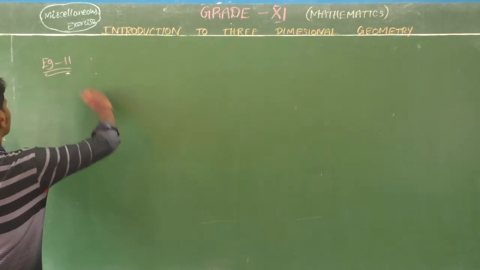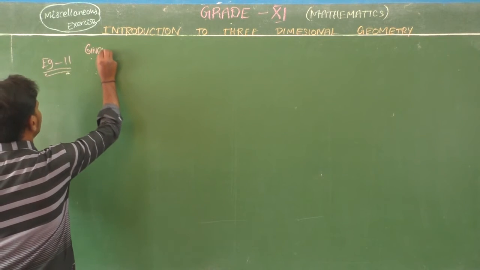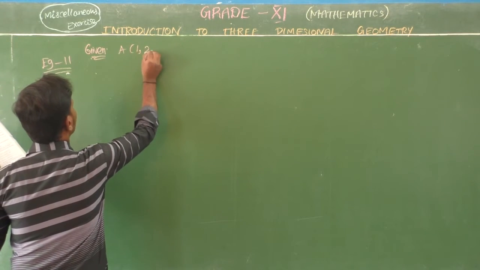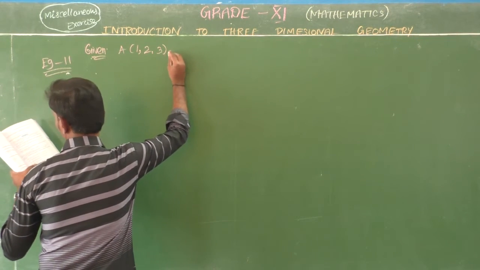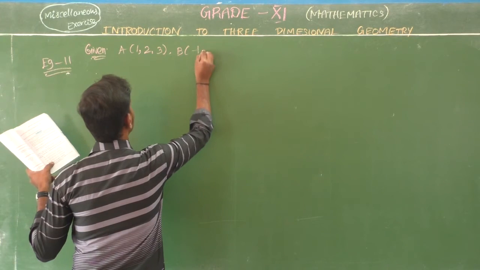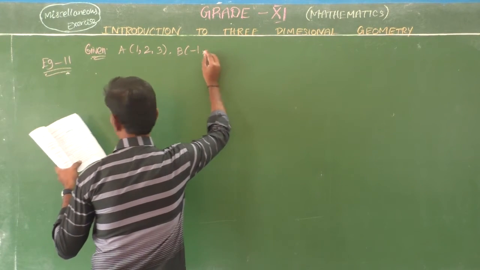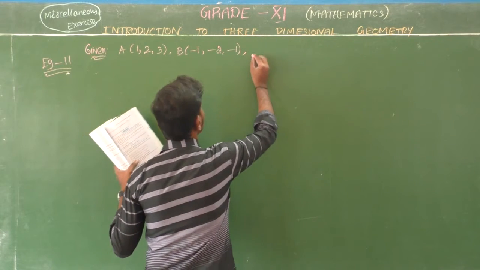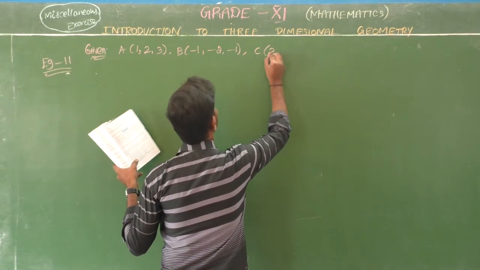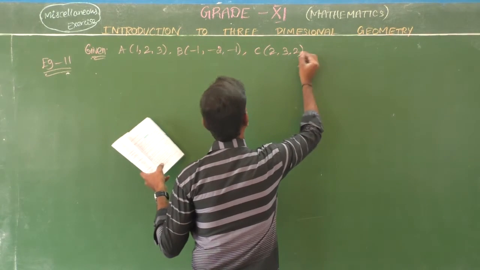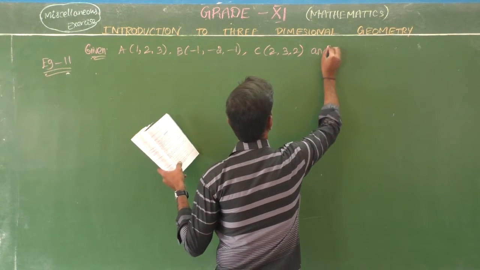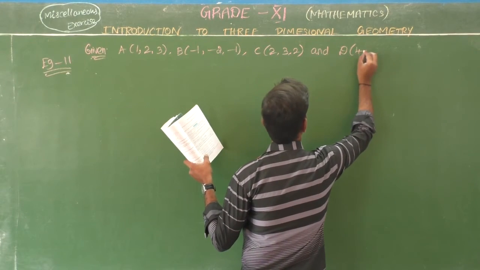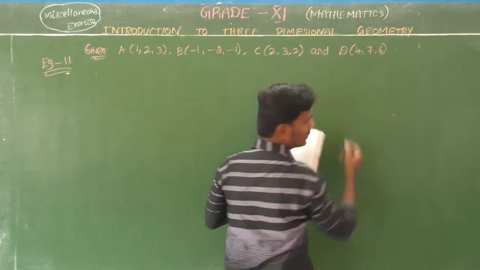Now take the given 4 points: A (1, 2, 3), B (-1, -2, -1), C (2, 3, 2), and D (4, 7, 6).